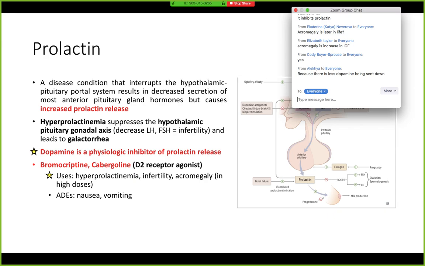Okay, so again with bromocriptine and also cabergoline, these are both your D2 receptor agonists, used to treat hyperprolactinemia, infertility, and also acromegaly in high doses.